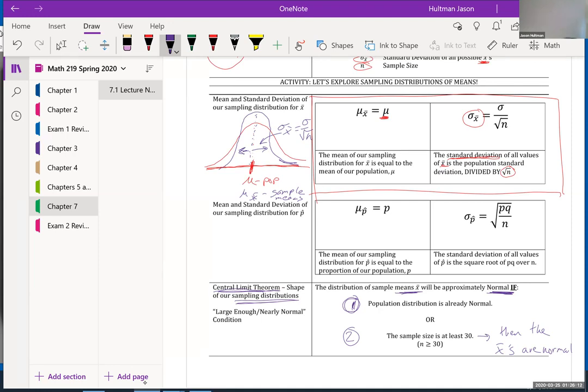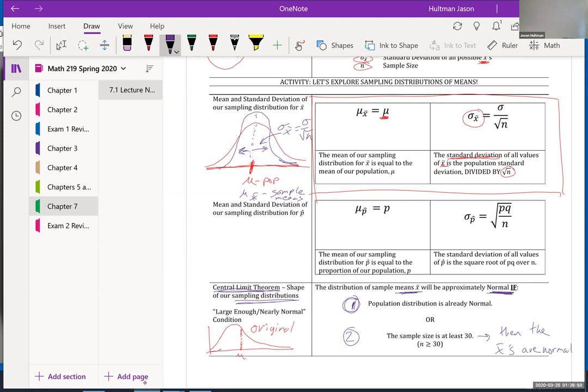Whereas before, say that the original distribution looked like this, with some outliers out here. We'll say that this is the original. And where's the mean of the population? The mean of the population is here, maybe. That's the average. But what's the distribution of the sample means going to look like?